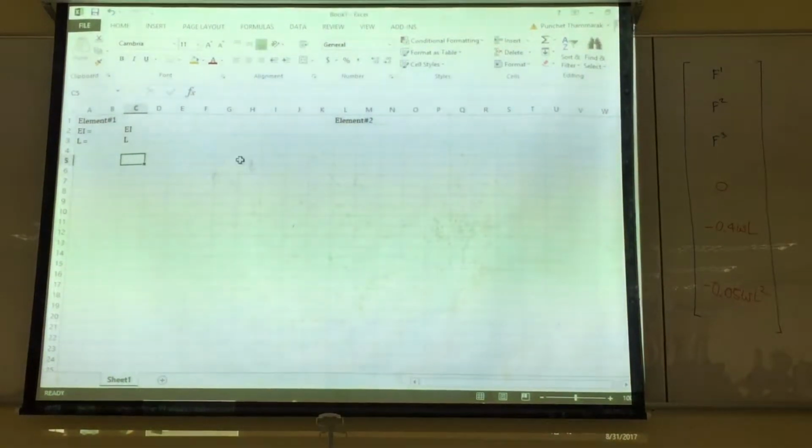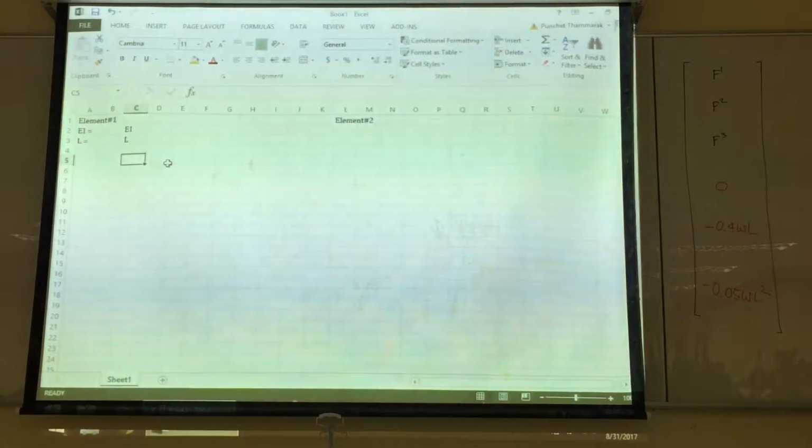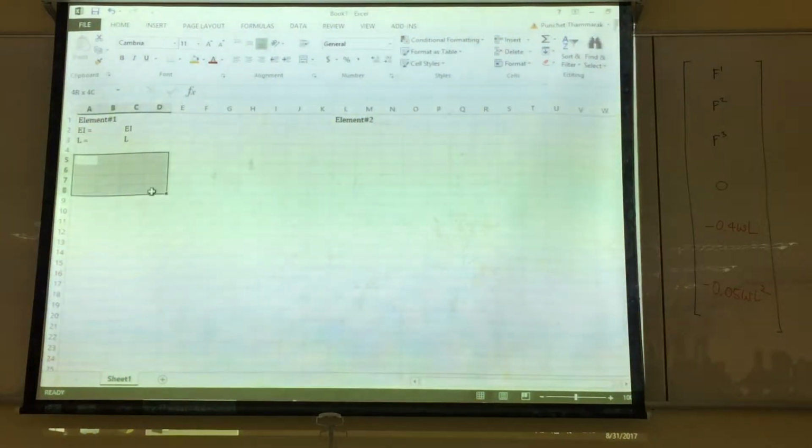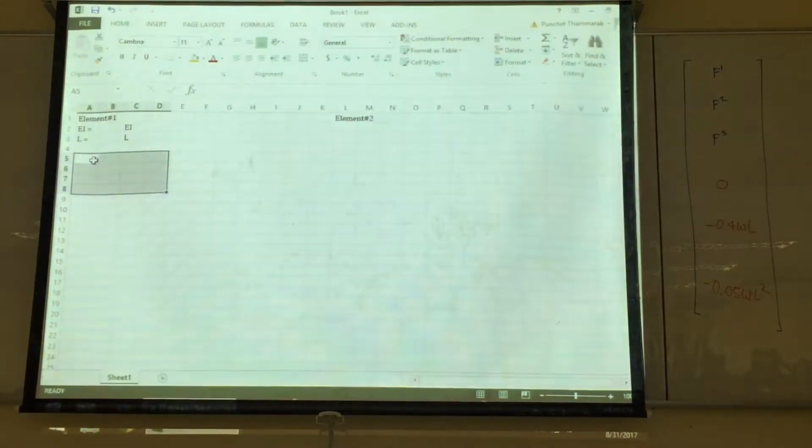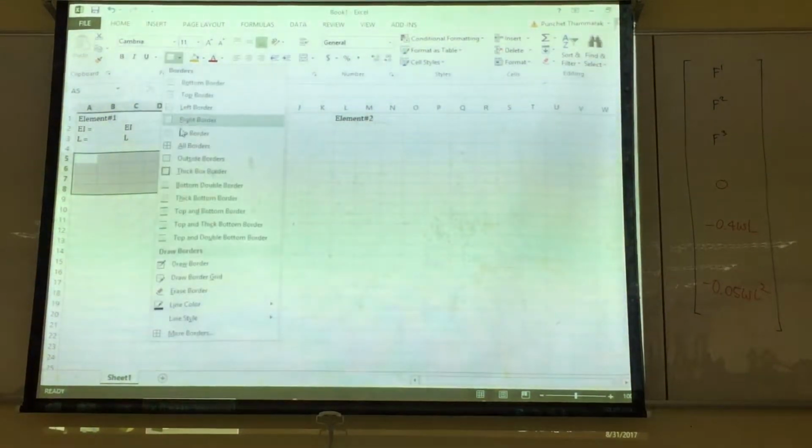Let's put it this way. First of all, your matrix for the element is 4 by 4, but the big one for this frame here is 6 by 6. So let me do it this way first.